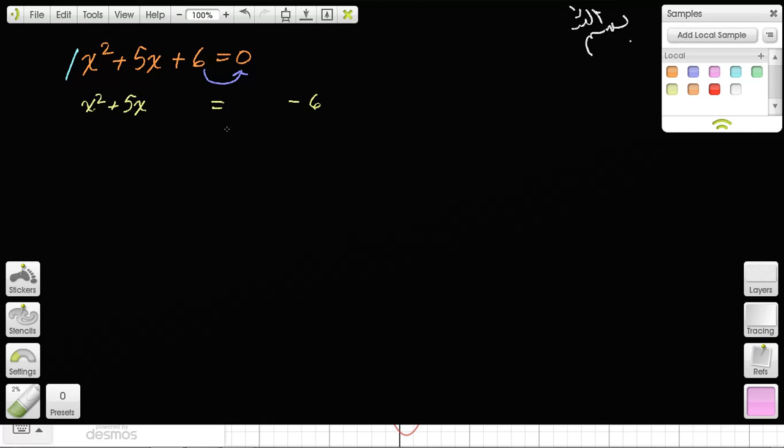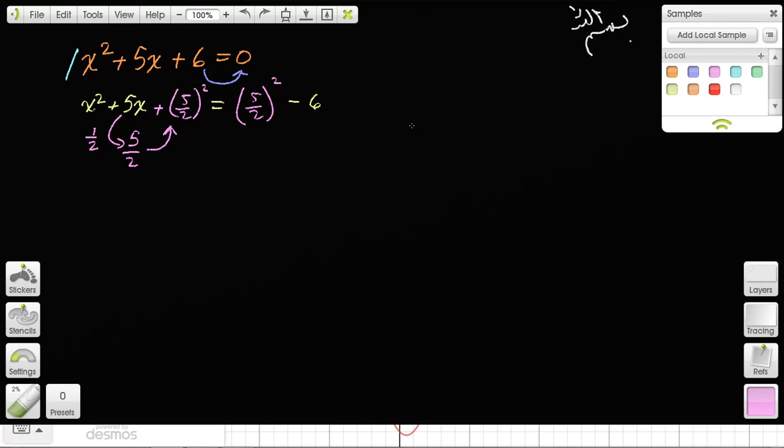Then you recall you take half of this, and then you square that and you put it over there. This is the process of completing the square, and you add that to both sides, like that.